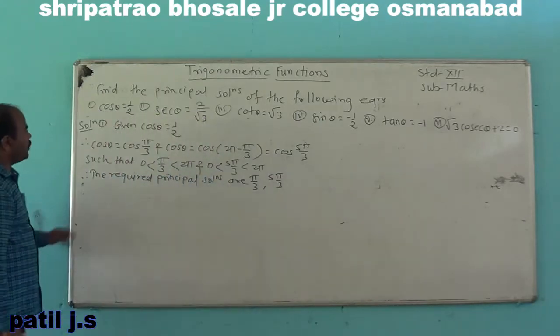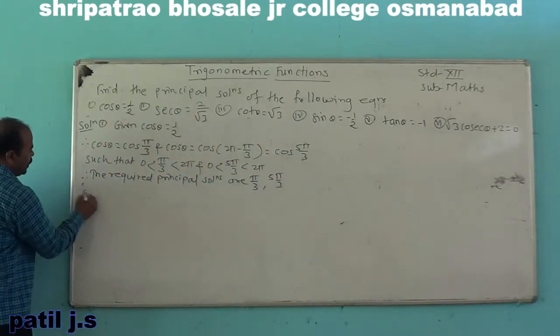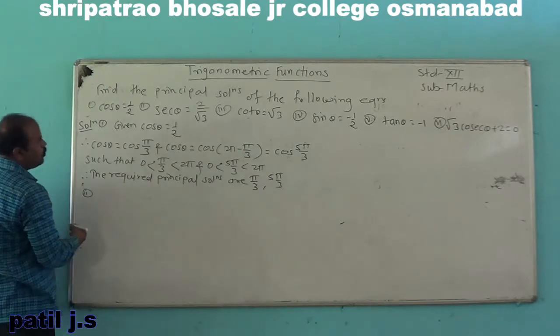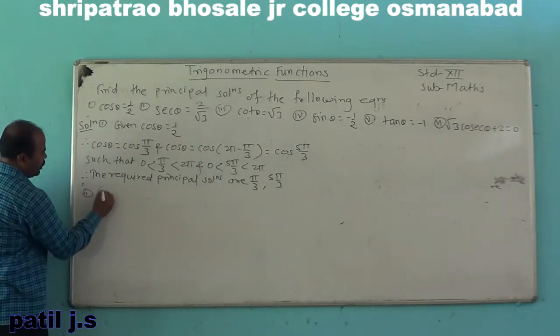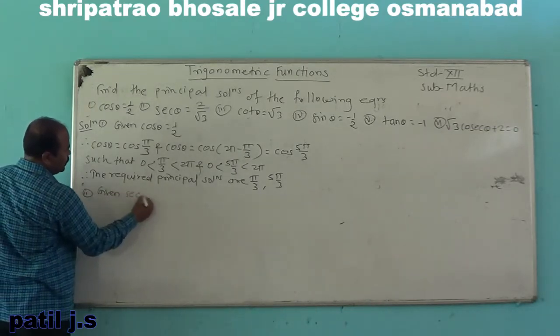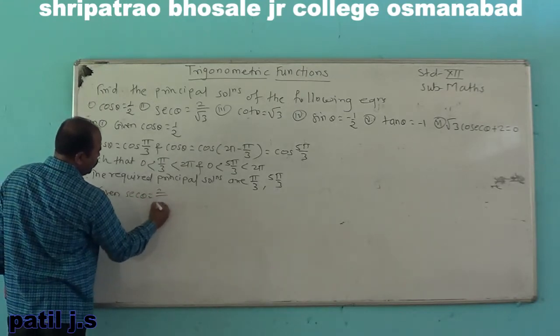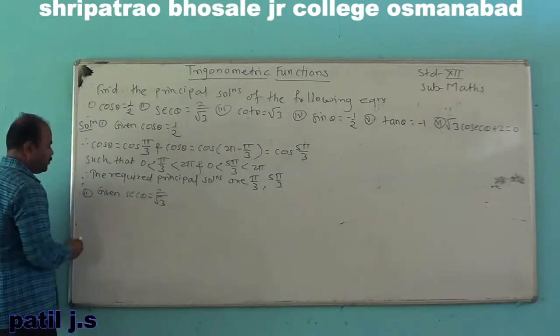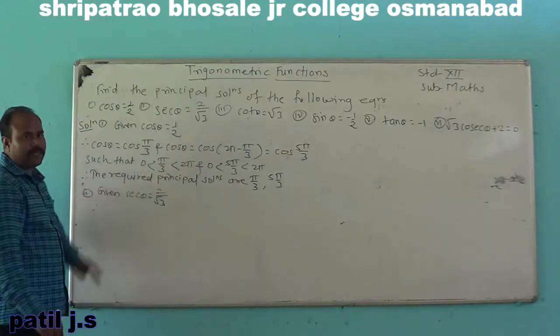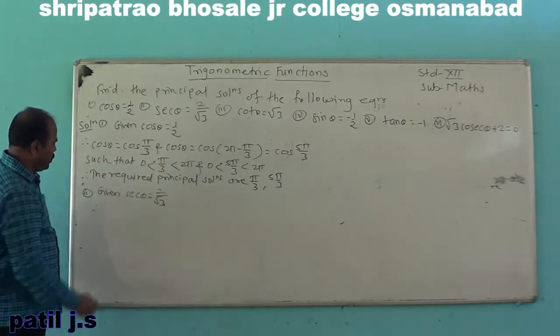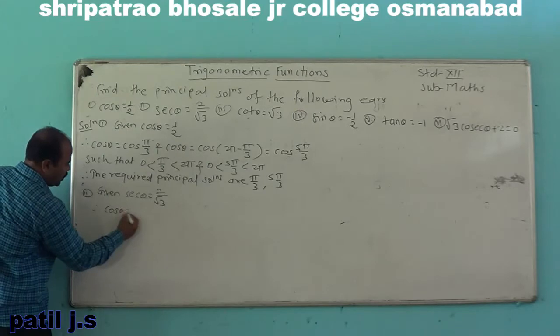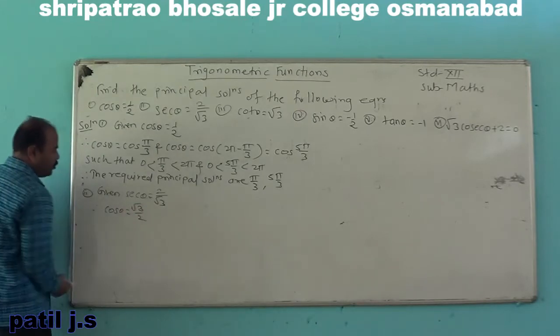This is the first example. Next, second: sec theta is equal to 2 divided by root 3. Given sec theta is equal to 2 divided by root 3. Sec theta means 1 upon cos, that means cos theta is equal to root 3 by 2.